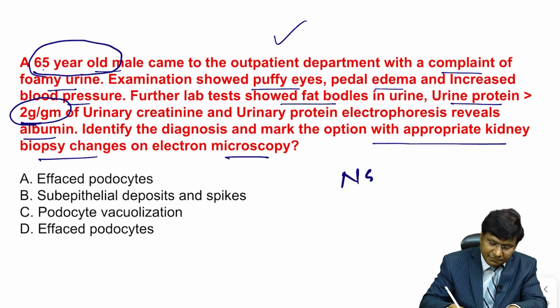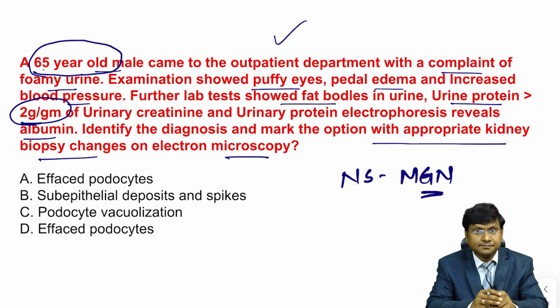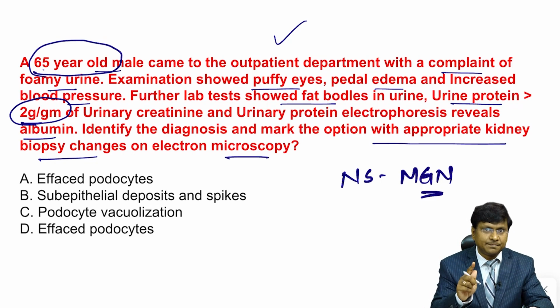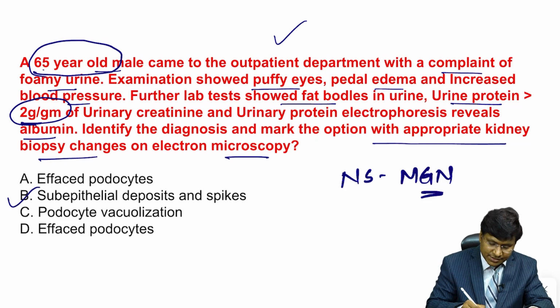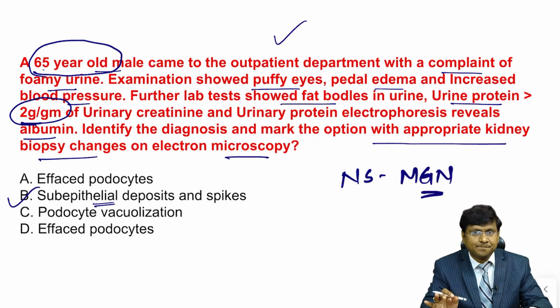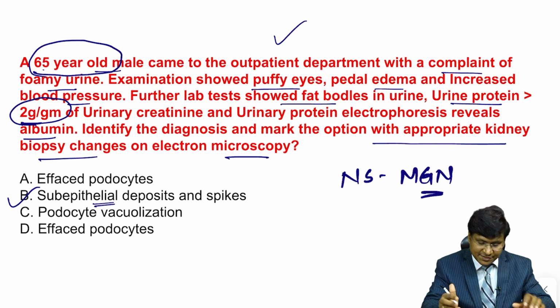It is a case of nephrotic syndrome secondary to membranous glomerulonephritis. Now, in patients with membranous glomerulonephritis, what you will have on electron microscopy is the presence of subepithelial deposits as well as spikes.